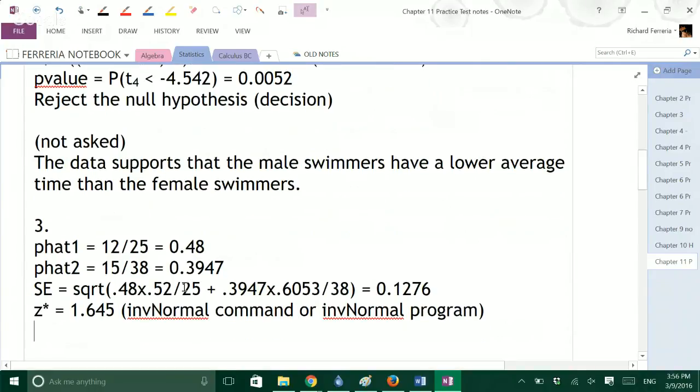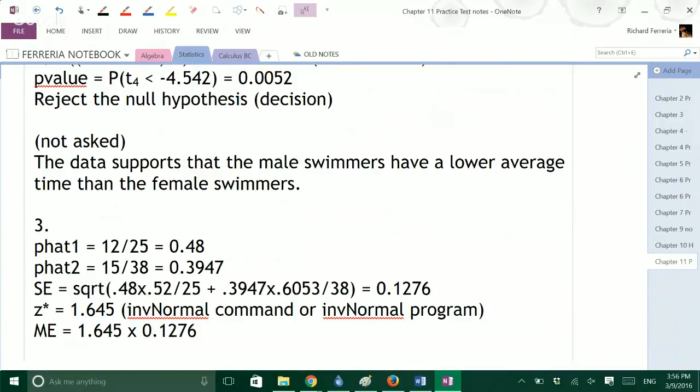And so the margin of error is just going to be equal to that Z star, 1.645, times 0.1276, my margin of error.